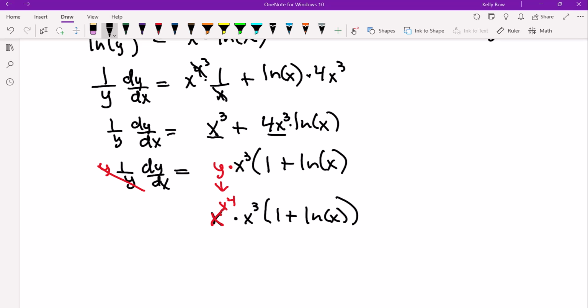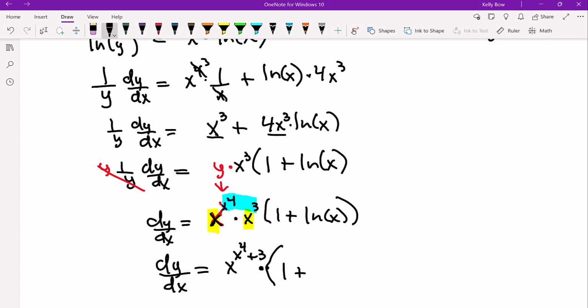Remember, using laws of exponents, these bases are the same. So now we can add those exponents. So the final result would be x to the fourth plus 3 times 1 plus ln of x.